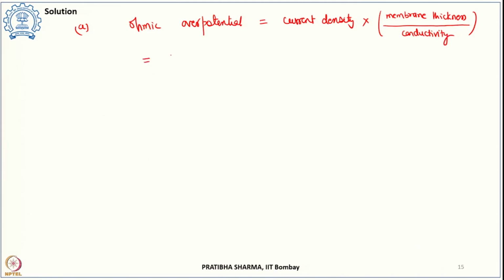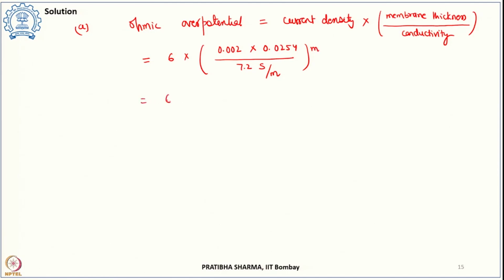Current density is given as 6 amps times the membrane thickness divided by the conductivity, 7.2 Siemens per meter.